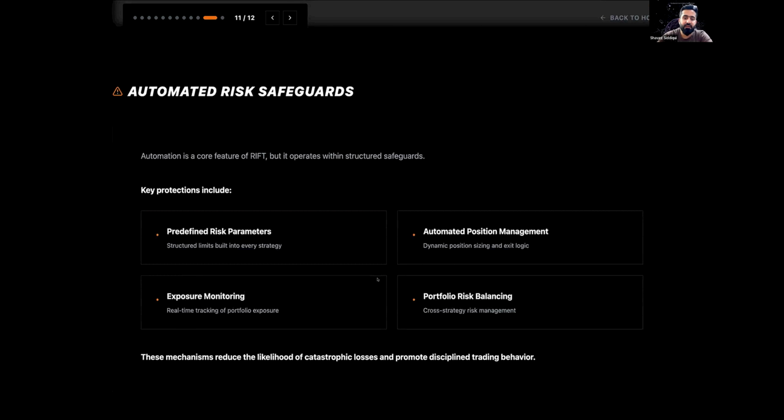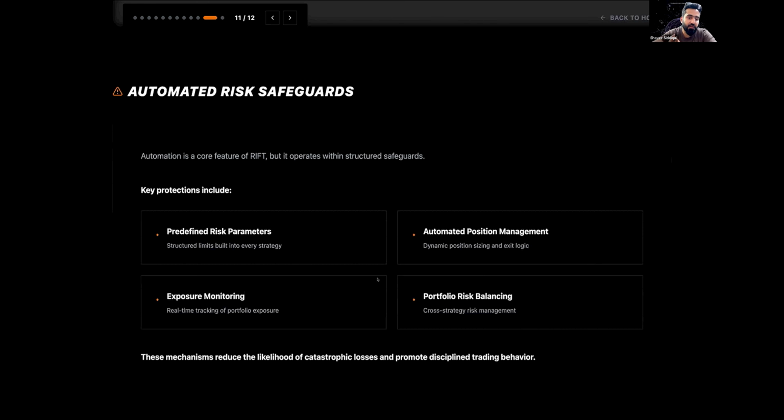Automated position management, which Rift enforces, or I would say places for you as a platform and suggests you to apply.